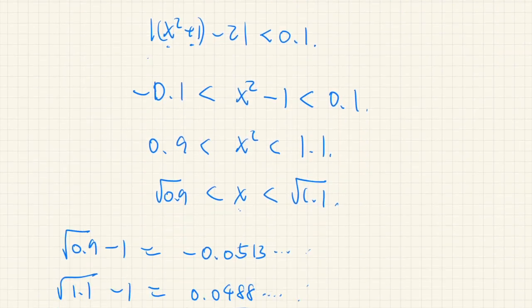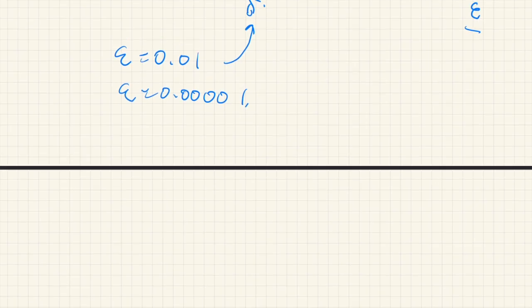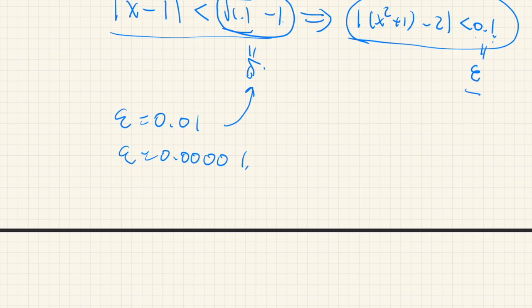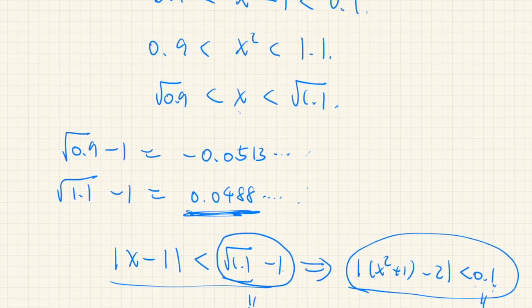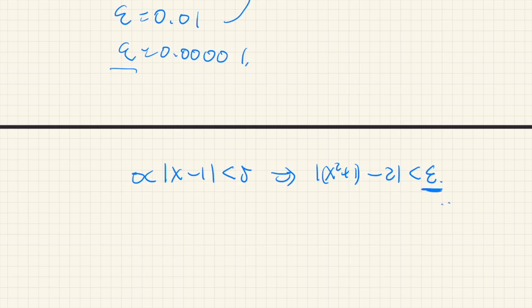It is a good exercise to find some general expression for delta without specifying concrete values for epsilon in this case. That means, can we find some delta such that if the absolute value of x minus 1 is less than delta, then the absolute value of x squared plus 1 minus 2 is less than epsilon for any epsilon? Find this delta as a function of epsilon.